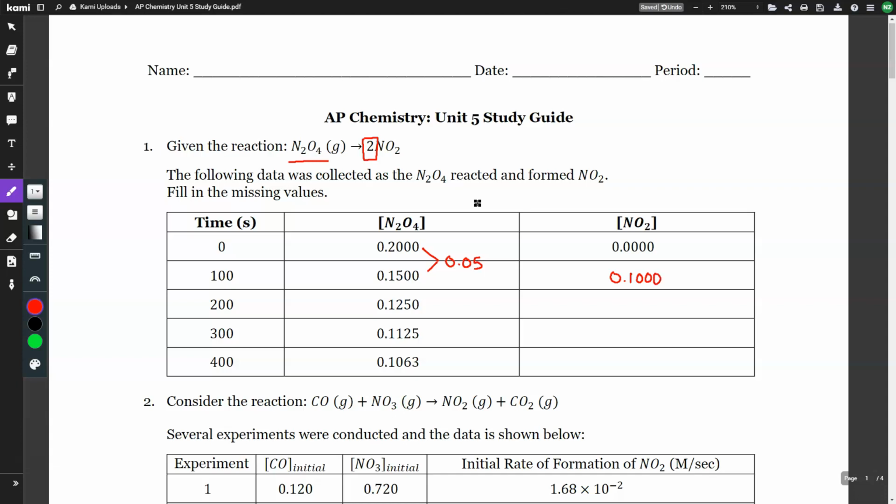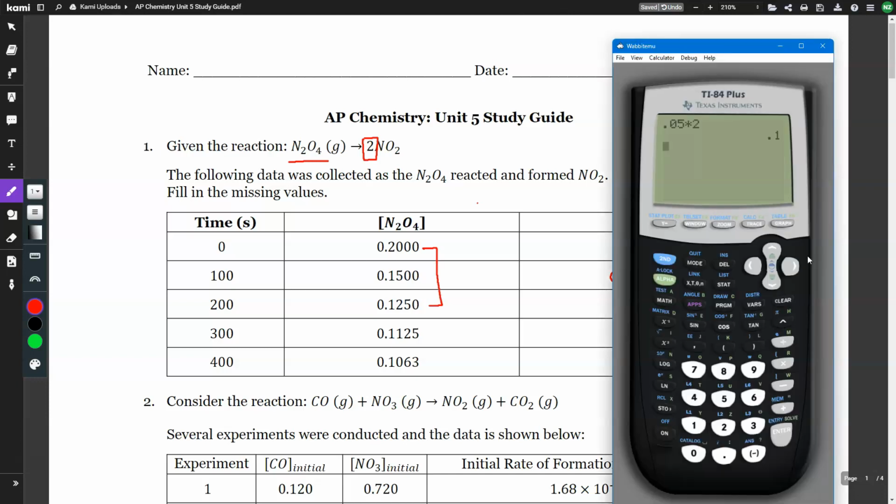Now we're going to look at the difference between 0 and 200. At this point, our concentration has decreased by 0.075 on the N2O4 side, and NO2 will be produced, but by a factor of 2, so the concentration will be 0.15.